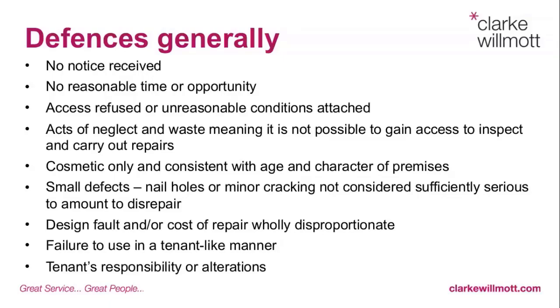So I've actually seen tenants claim damages for defects that have resulted from their own construction. For example, a tenant on a case built their own conservatory, and of course they're now saying to the landlord, I want damages because my conservatory is broken. So there's just a quick recap of the defences.